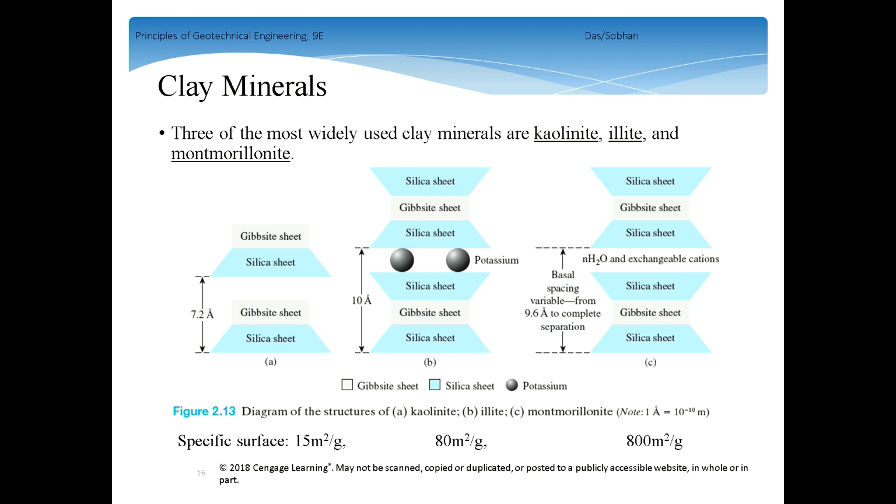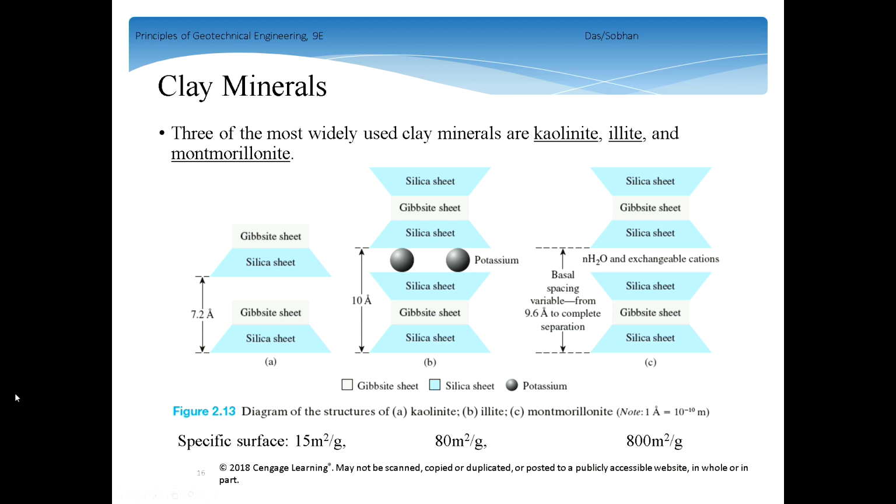If you have the same weight of soil, and the specific surface is higher for this kind of soil than that kind of soil, that means the higher the specific surface, the more water the soil can absorb. So maybe the liquid limit or plastic limit will be high for this kind of soil.